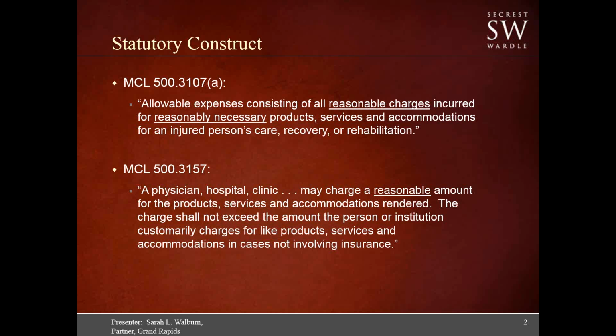A provider can charge a reasonable amount for the products, the services, the accommodations that they render. The charge cannot exceed the amount that the person or institution customarily charges for products, services, accommodations. So the issues are usually the reasonable amount, the customary amount, and reasonably necessary.